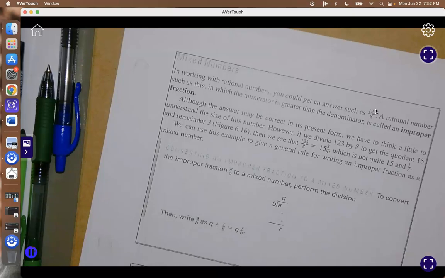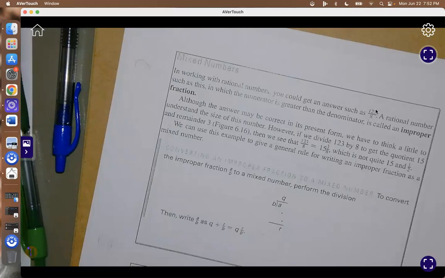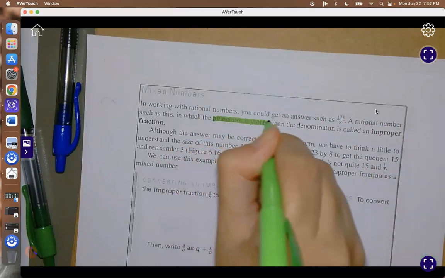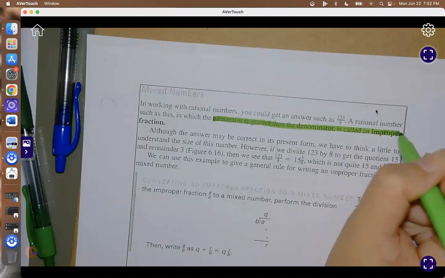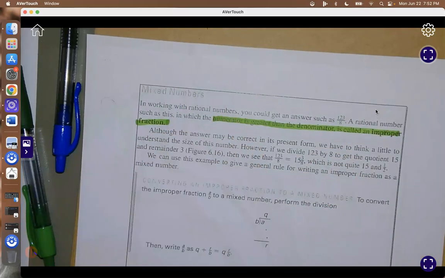Mixed numbers. Okay? When a numerator is greater than the denominator, it's called an improper fraction. So when the top is bigger than the bottom, that's an improper fraction, like 123/8, excuse me.